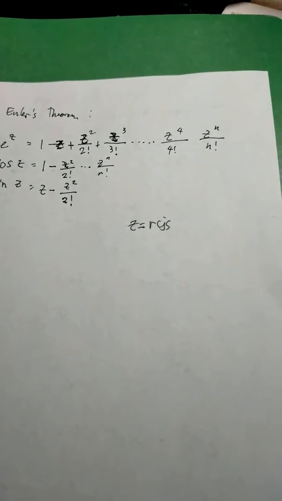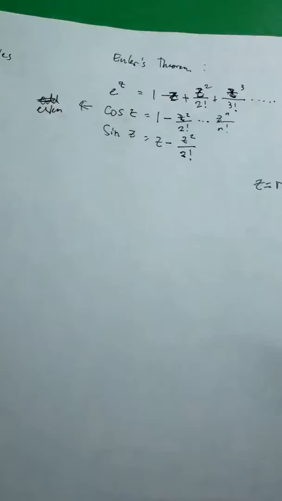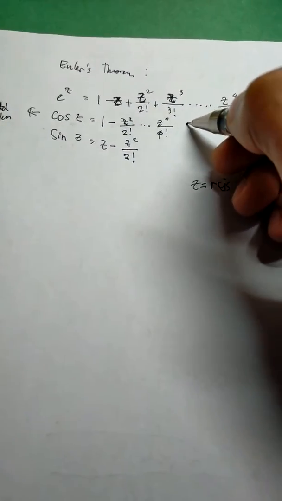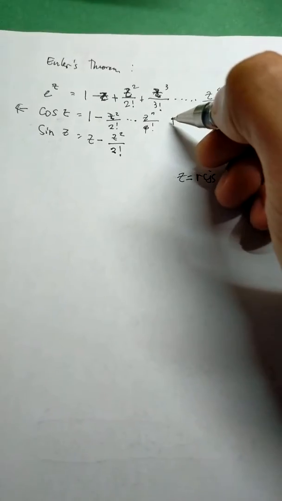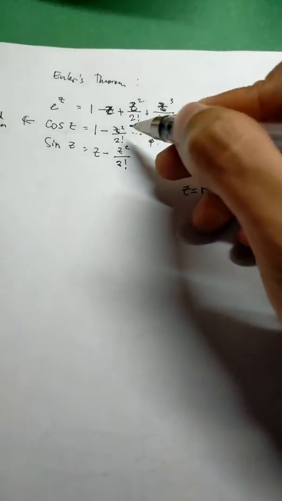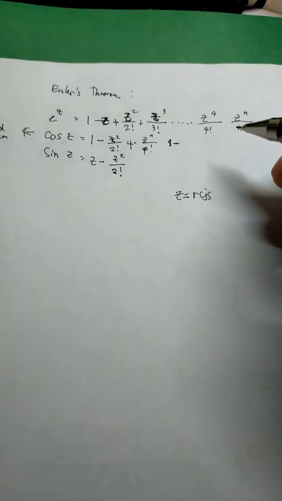Okay, so sa cosine, so we have 1, so it follows the odd numbers na siya. Even gali even. So even numbers. So we have 2, 4, then so 2, then plus 4, then minus kita.